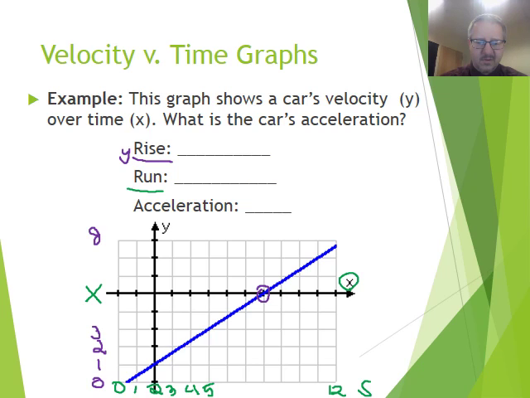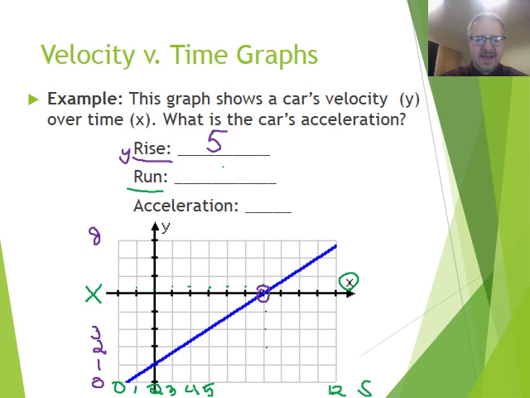Okay, so this is going to be 1, 2, 3, 4, 5. So our rise is 5. And our run is 1, let's go back to green, 1, 2, 3, 4, 5, 6, 7, 8.